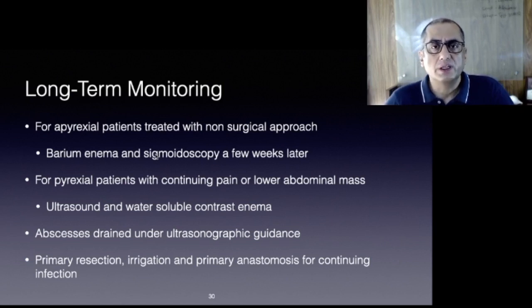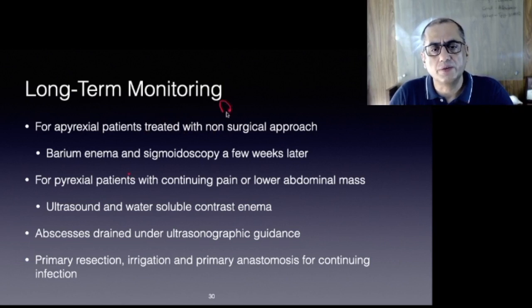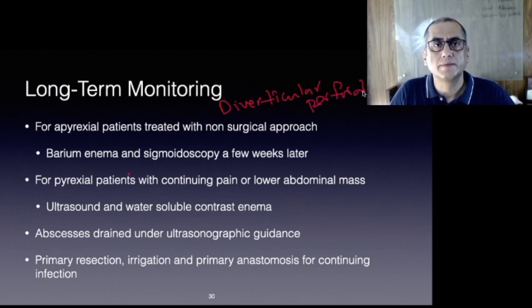For patients with diverticular perforation, so we are talking about diverticular perforation here, those treated with a non-surgical approach, if the pain and fever settle within a few days, the patients can go home with a barium enema and sigmoidoscopy to be performed on an outpatient basis a few weeks later. Colonoscopy is performed if any doubt about the possibility of malignancy exists after barium enema examination.